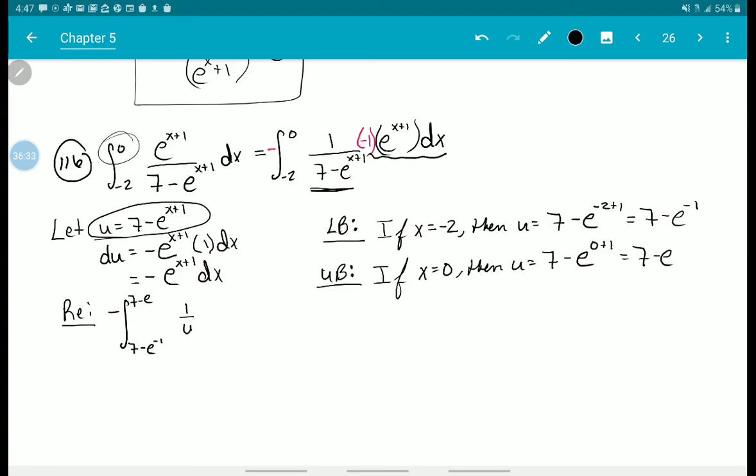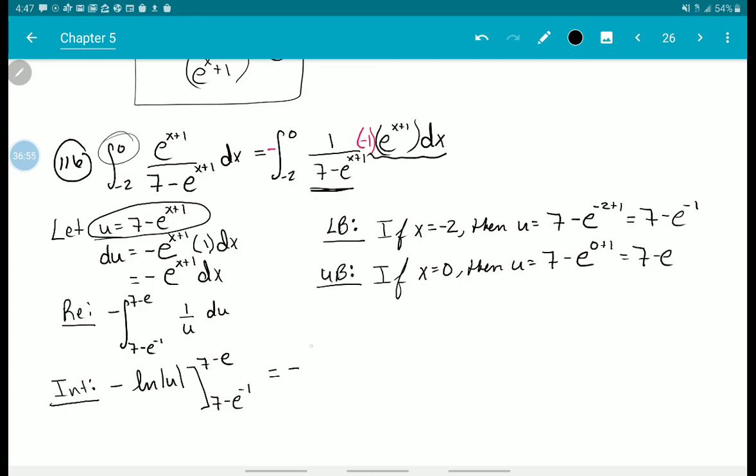This is 1 over u times du. So when we integrate this is your ln rule. We're going from 7 minus e to the -1 to 7 minus e.